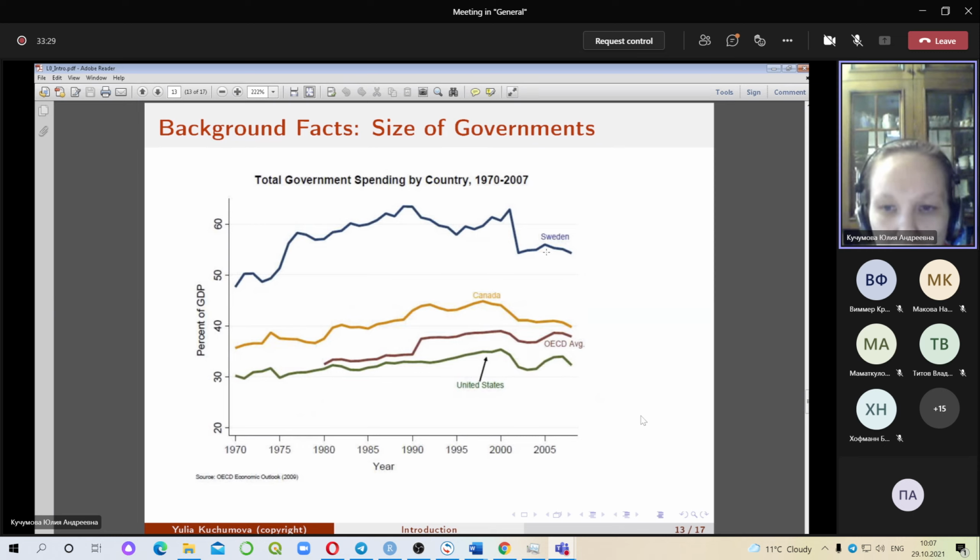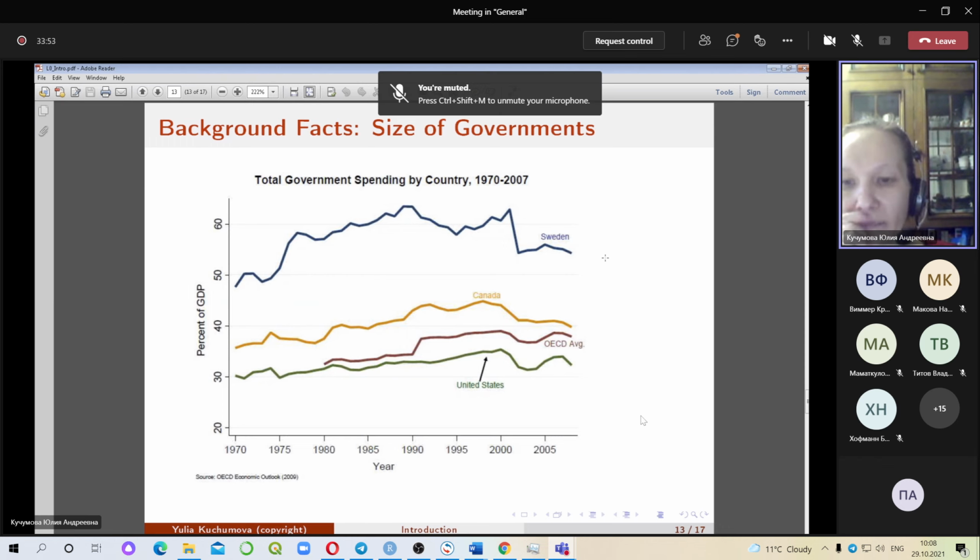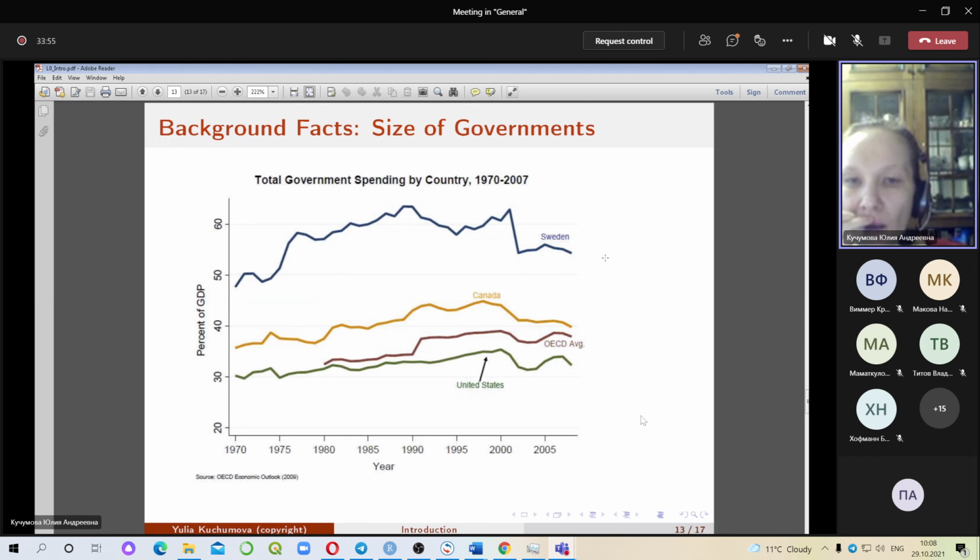Oh yes, this. I don't know for sure, right? About Sweden, there are probably some issues in all the countries around the year 2000. Yes, something happened at the beginning of 2000.